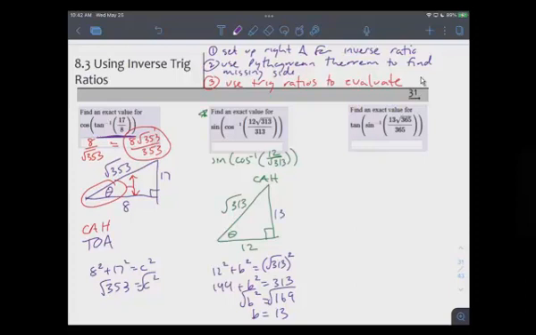So once I find that missing piece, I can then evaluate. Here I'm looking for sine. Sine is SOH. So with respect to this angle, opposite 13 over hypotenuse root 313. And when I rationalize, that's 13 times root 313 all over 313. Okay? And so that would be your answer for that second problem.